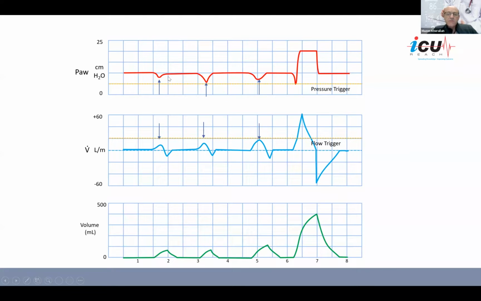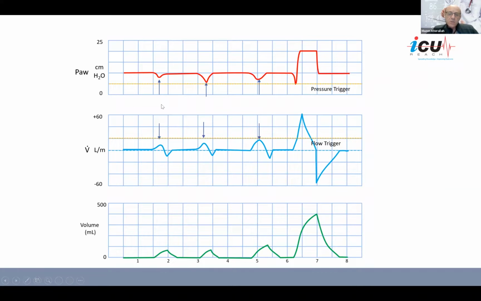And as you see in the first 3 breaths, the patient did not reach that pressure trigger level or threshold. In the 4th one, he was able to reach it, and the ventilator was triggered. You can see the pressure wave here, a decelerating flow wave. Now, if you go back to this, we say it is an ineffective or not triggered breath.